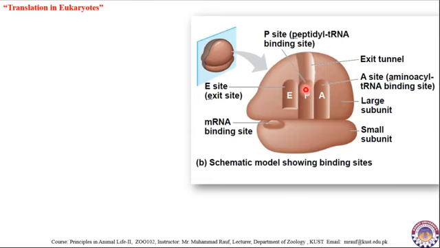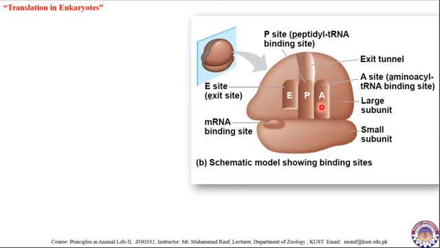If the transfer RNA comes here, then the peptide bond between the amino acid carried by this transfer RNA is formed with the chain which is already developed. And this is the A site where the transfer RNA arrives first.